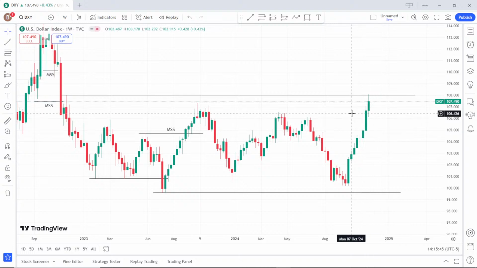Obviously on the euro, on gold, on pounds, and on the Nasdaq. And market dynamics 101 states, if dollar is going up, foreign currencies come down. It's that simple. Normal market dynamics, if dollar is going up, foreign currencies go down.